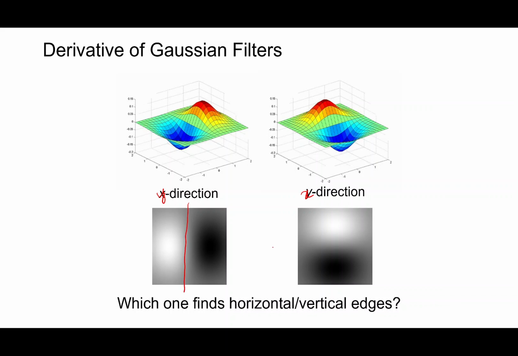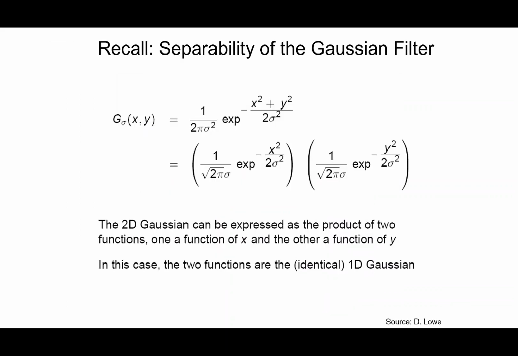Since this responds to edges like this, it will find horizontal edges. Are the filters separable? That's a question for you to answer, because what we know is that this Gaussian itself is separable, because we can write the bivariate Gaussian as a product of two univariate Gaussians.